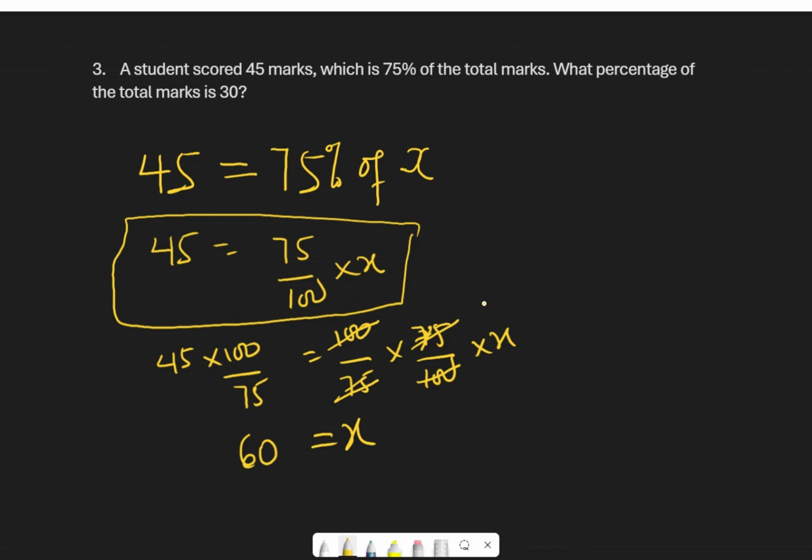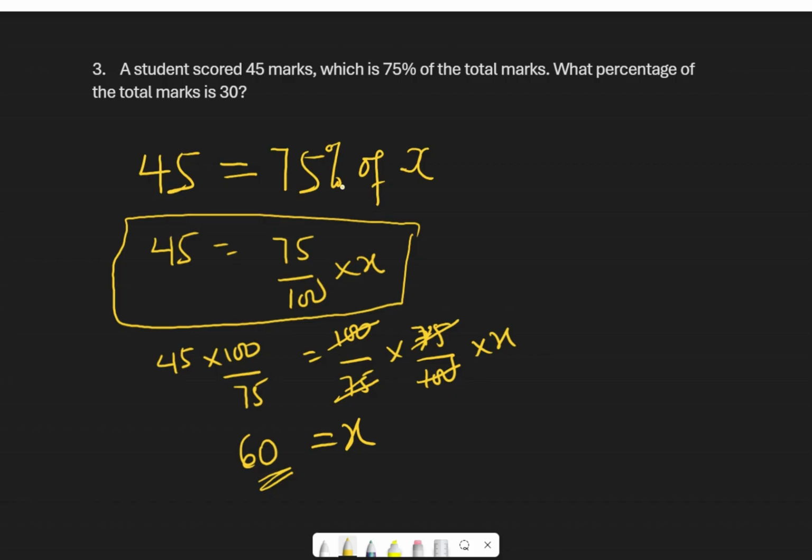All right. So now from these workings, you get x to be 60. It means 45 out of 60 is equivalent to 75%, or 75% of 60 is 45.